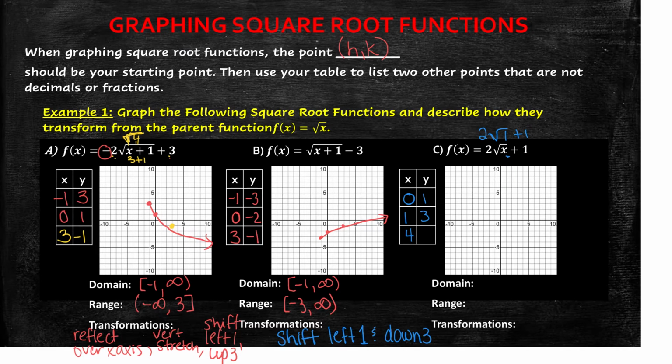The next value that I'm going to choose is 4, because I can take the square root of 4. So that would be 2 times the square root of 4 plus 1. Well, the square root of 4 is 2. 2 times 2 is 4. 4 plus 1 is 5. So I'm going to have these points (0, 1), (1, 3), and (4, 5).